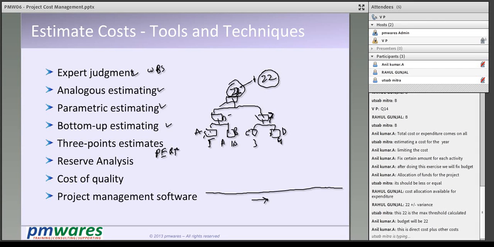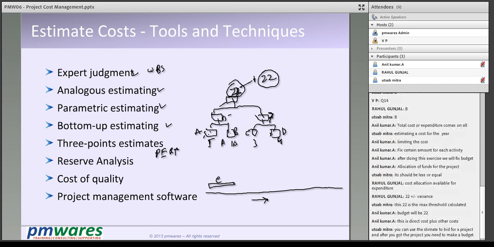The work happens such a way that project start with C. Okay, you can use the estimate to bid for a project. After you got the project, you need to make a budget. I agree that you have to make a budget, but what is budget and how you make it? So what I am showing you, I am making a budget.